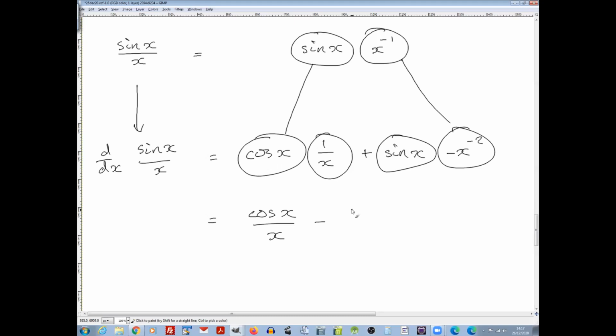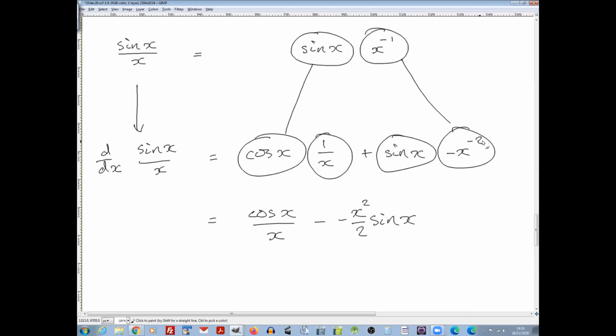Yeah. But if x to the minus 1 can be rewritten as 1 over x, x to the minus 2 can be rewritten as, so you've got the minus there, x over 2 sine x. X over 2. Yeah. Or sine x squared over 2.